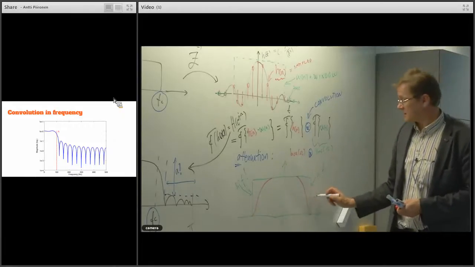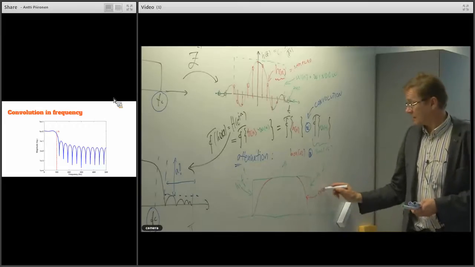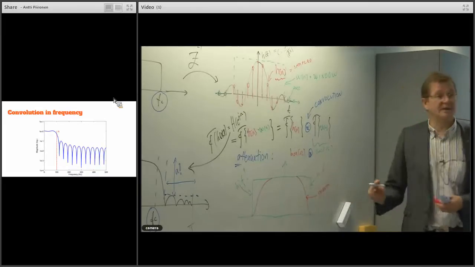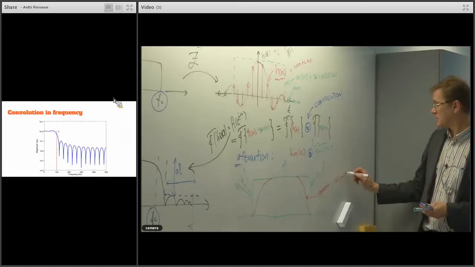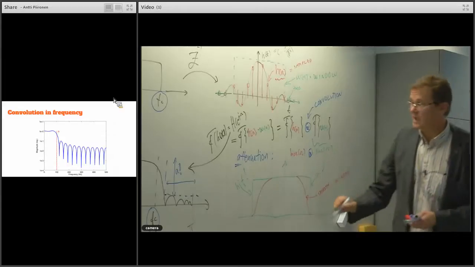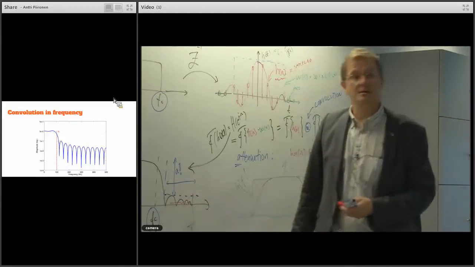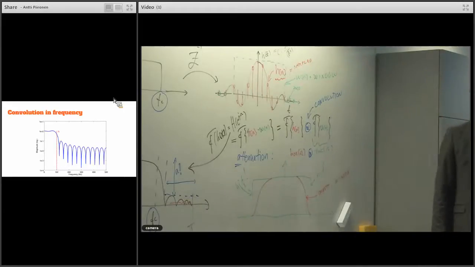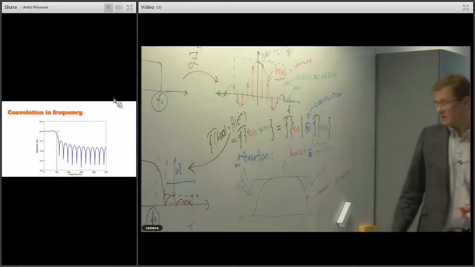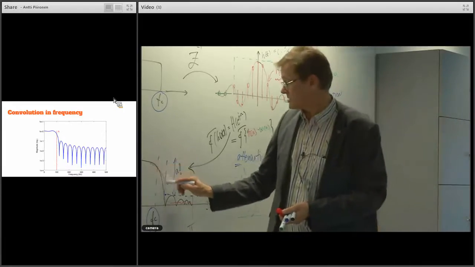Then this kind of smoother window will give you fewer high spectrum components, so you will get an increase of stop band attenuation. But on the other hand, you will lose something in the transition bandwidth. The transition bandwidth goes higher.